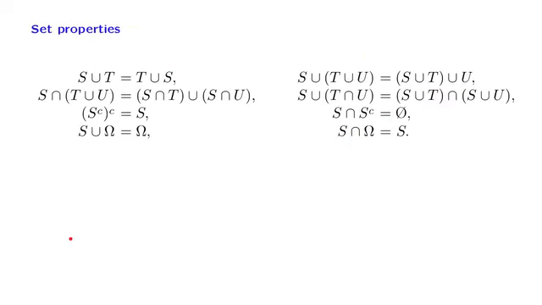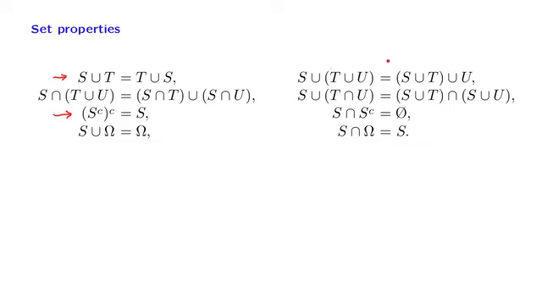Set operations satisfy certain basic properties. One of these we already discussed. This property, for example, is pretty clear. The union of a set with another set is the same if you consider the two sets in different orders. If you take the union of three sets, you can do it by forming first the union of these two sets and then the union with this one, or do it in any alternative order.